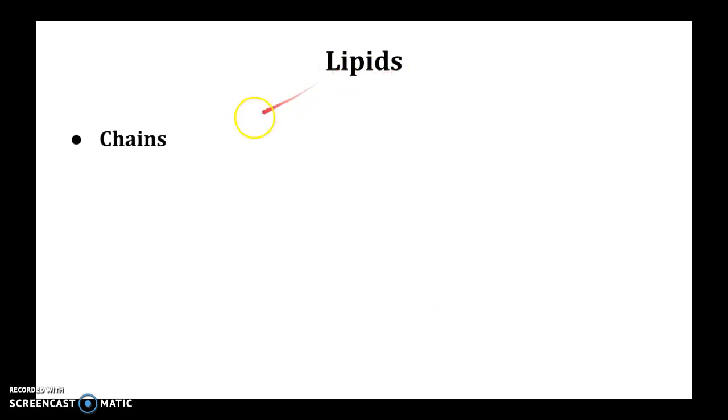The way we identify lipids is not ring or long chain structures, but this time we're going to see chains. The elements are C, H, and O. And they have a characteristic E shape to them, which we'll discuss in a minute.